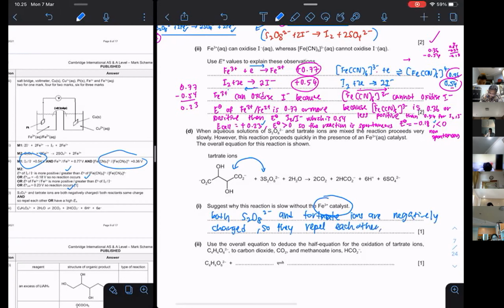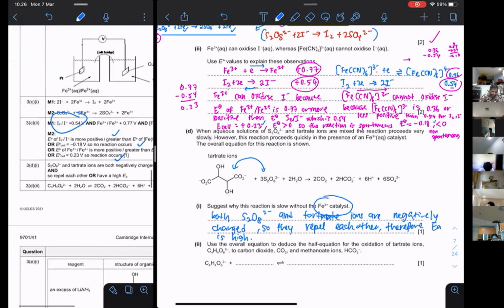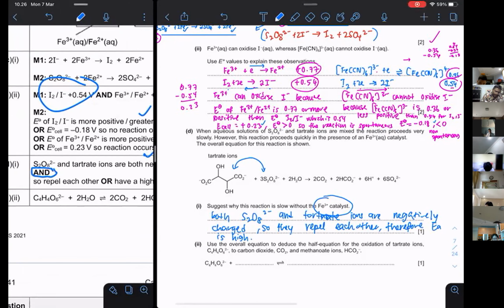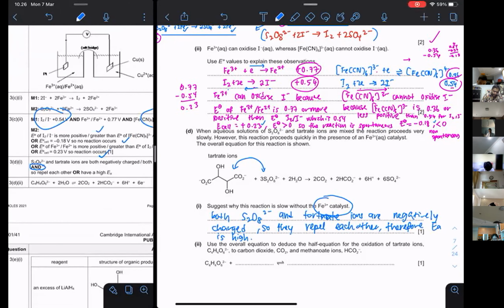Therefore, activation energy, you write down in full, activation energy is high. Don't simply give the answer activation energy is high. Tell why, because if you don't give two statements, you will not get the mark. It doesn't mean that if you have high activation energy, you will get it correct. Both of these statements must be there in order to get the 1 mark.